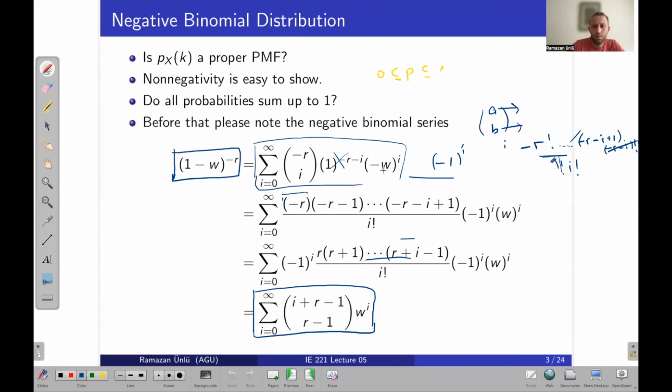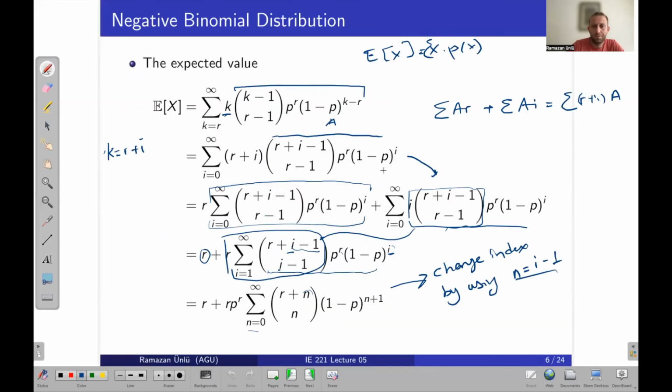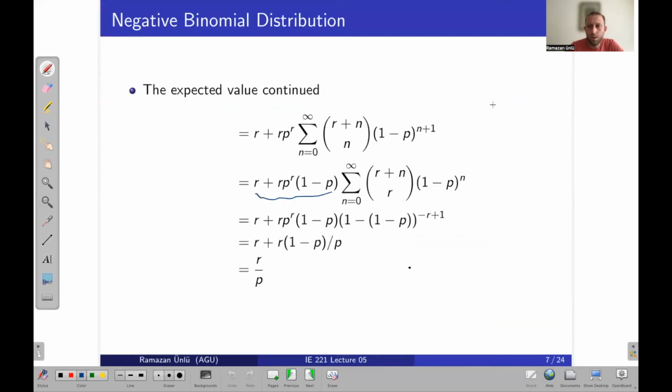What was it? It is similar to the summation of i plus r minus 1, choose r minus 1, w to i, which is equal to 1 minus w to the minus r. How? I can say 1 minus p is w, and r is r minus 1 here. And I can simply use this formulation.